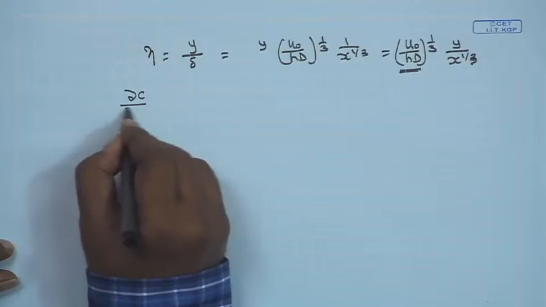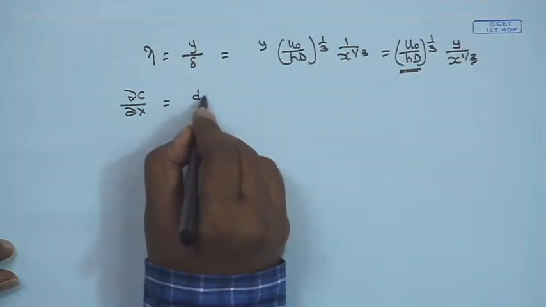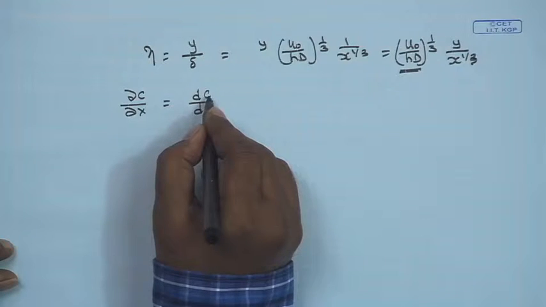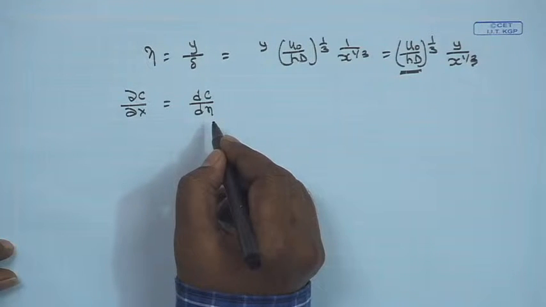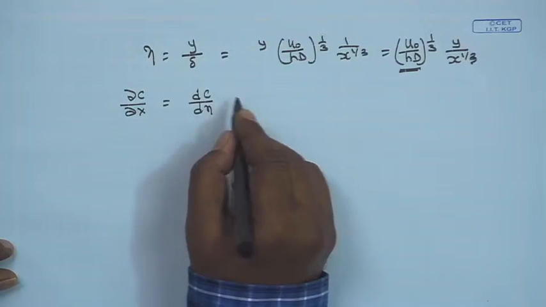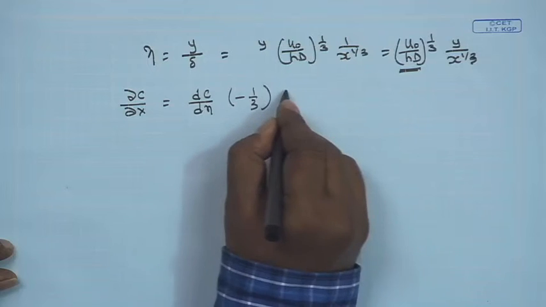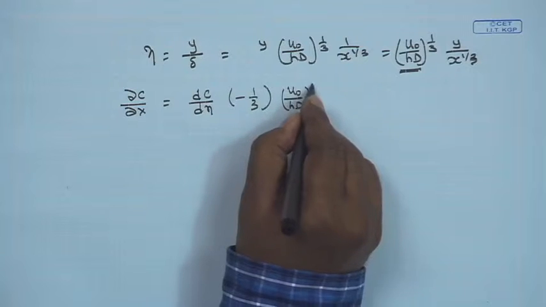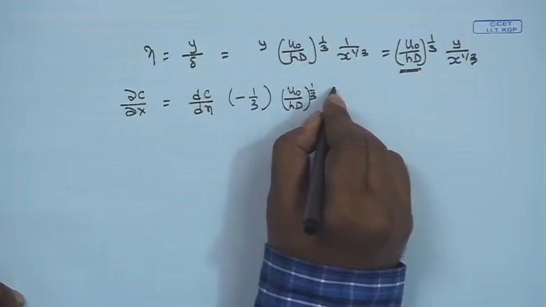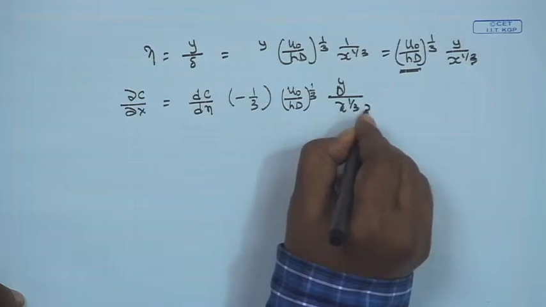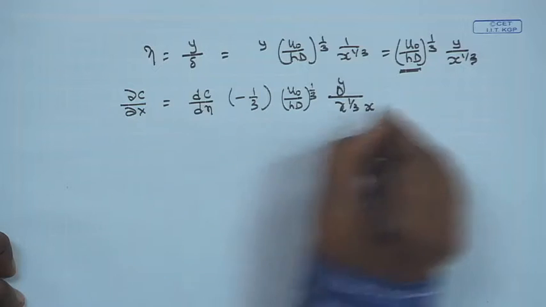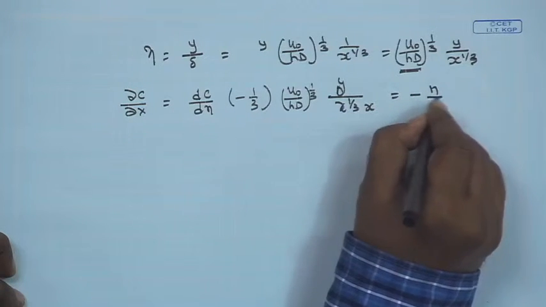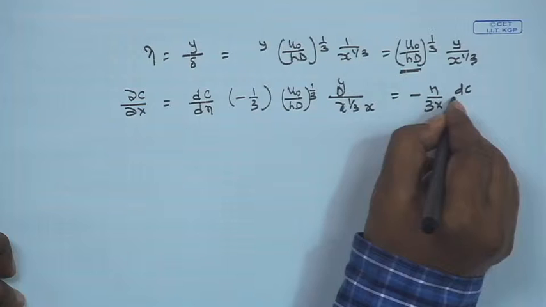So, del c del x will be nothing but dc d eta, because now c will be a sole function of eta, so the partial derivative will become a complete or total derivative. dc d eta times minus 1 upon 3 u 0 over h d raised to the power 1 upon 3 y over x to the power 1 upon 3 times x, and this will be nothing but minus eta divided by 3 x, dc d eta.